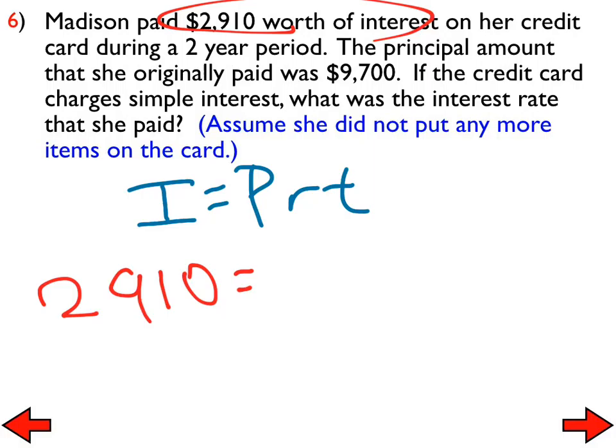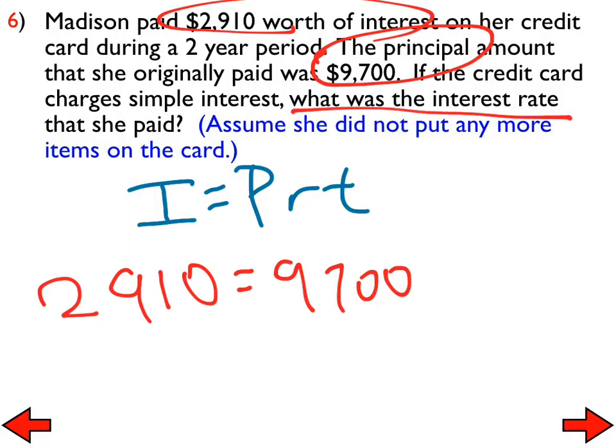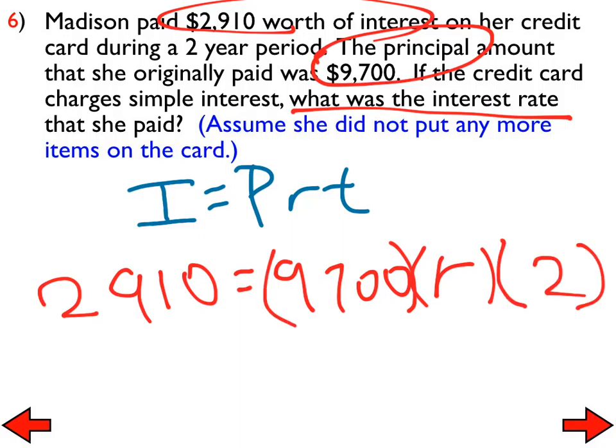Do they tell us the principal amount? $9,700. So I'm going to write that in the P spot. Do they give us the R, the rate? No, that's what we're looking for. What is the interest rate? So I'm going to write R. Do they give us the time in years? Yes. 2. Go ahead and solve for R.